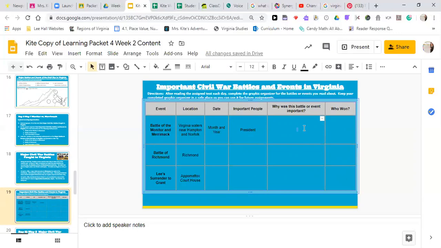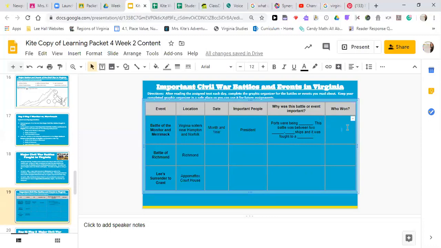This battle was important because of the ports being blockaded, and this battle was between two certain kinds of ships, ironclad ships, and it was fought to a draw.